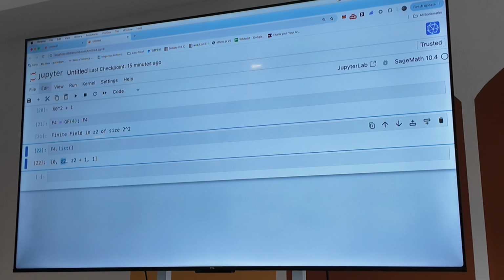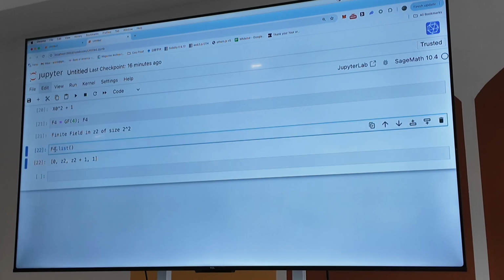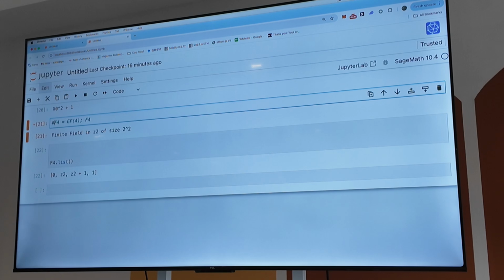Z2 is a new symbol that was added into F2 to make sure we can build a matrix over F2 to represent F4.